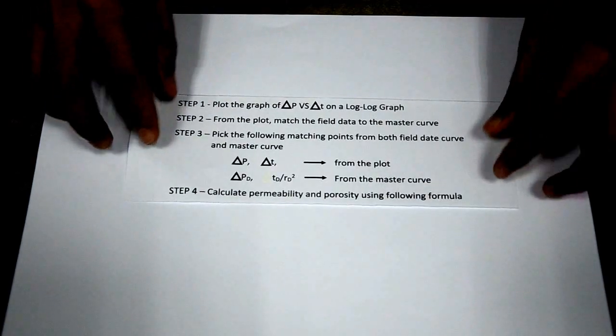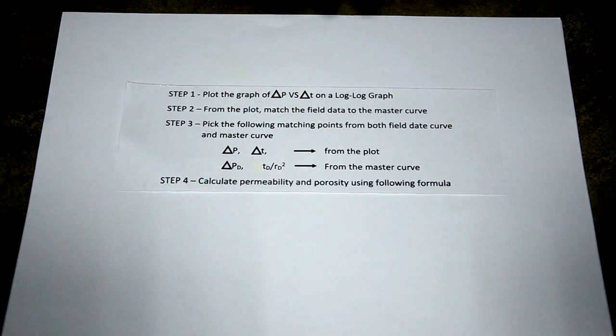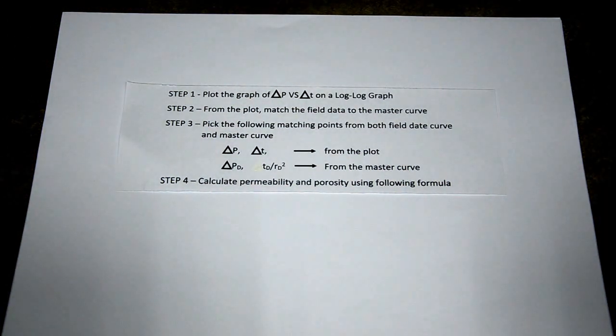Now for my part, I will be explaining how to do an interference test using a log-log type curve. Basically, there are 4 steps to calculate permeability and porosity with an interference test. What we need to do is construct the table of delta T, time, and delta P, pressure.